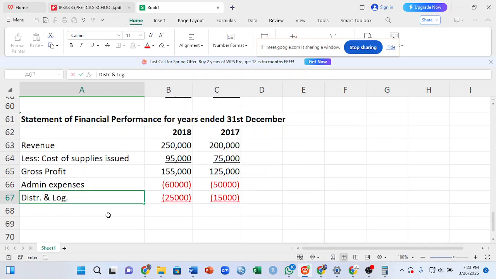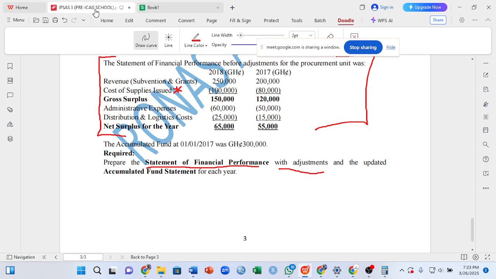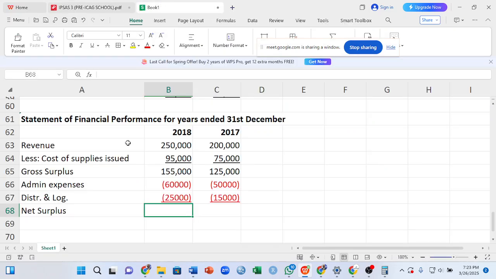What will be now is this one is gross surplus, sorry. Then we bring the net surplus. So what will be our net surplus? 70, 60. Are you sure? Yeah, 70,000 and 60,000. Okay.